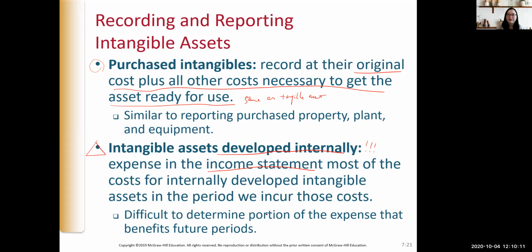If you feel the expenses incurred during the R&D, research and development phase, can benefit future periods, then you can persuade the SEC or auditors that yes, that should be capitalized. But there's a very gray line between what you think is beneficial for the future and what the auditor thinks is beneficial. In other words, the majority of the costs incurred to research and develop intangible assets internally should be expensed.